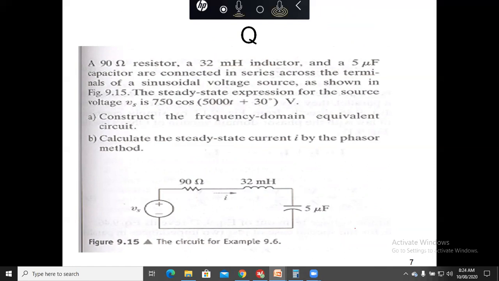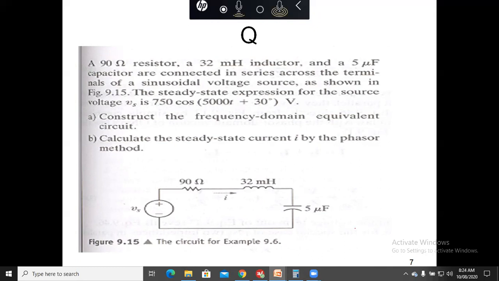First we study the frequency domain equivalent of this circuit, then we find the steady state current I by the phasor method, and then we calculate it in the time domain representation.